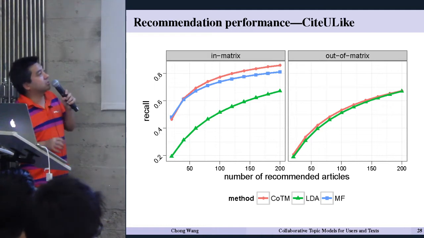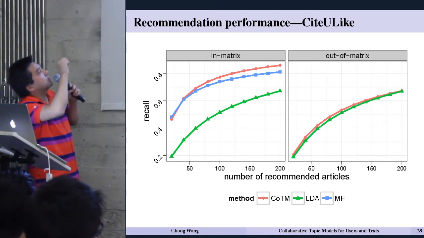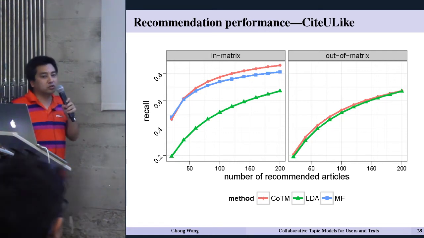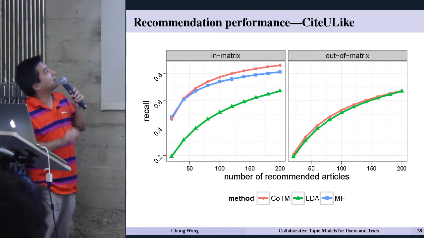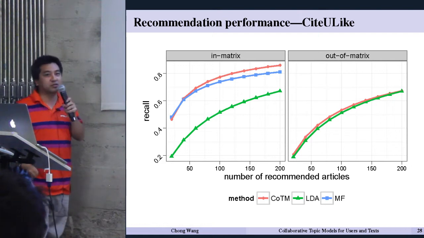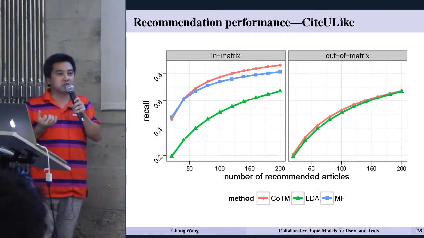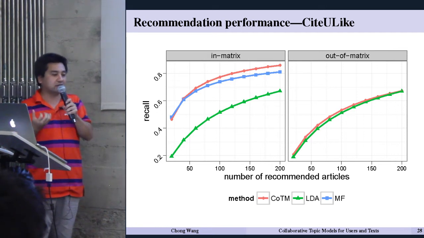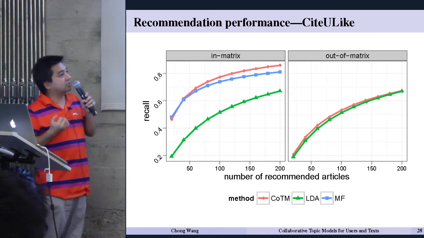Just to point out, for out-of-matrix prediction you don't have the matrix factorization results, because for those new documents you don't have any user information, so there's no way to make a prediction in that setting.